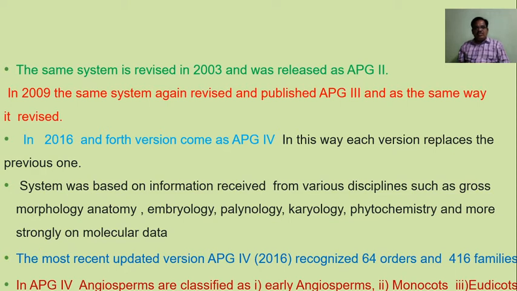The system was based on information received from various disciplines such as morphological characters, anatomical characters, and embryological characters.